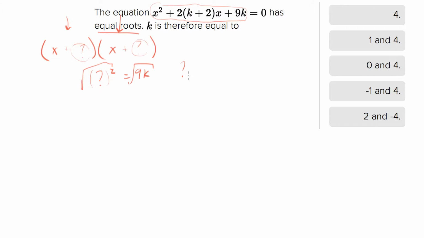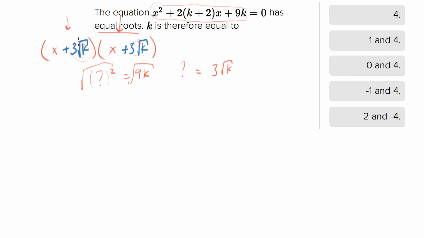It's not a variable or a number, that's why I'm putting a question mark. It's sort of a term. So if I plug that in, we're saying this must be 3 root k. The sign is determined by just the sign of the thing, so we're putting in a positive 3 root k.